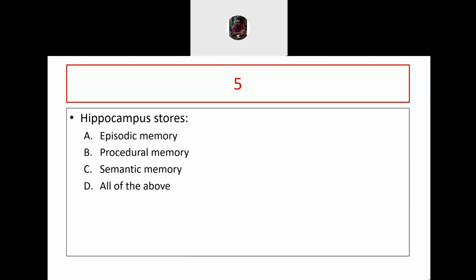Yes, hippocampus stores episodic memory. So with this we end the first section, that is the basic physiology of learning and memory. You can easily understand that there will be many questions and I will take the questions at the end of the session. So please keep your questions with you. Once the session ends, I'll start taking questions.